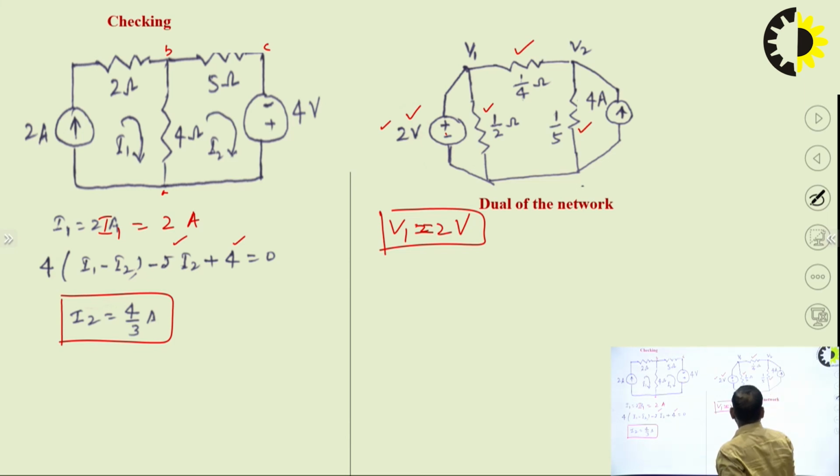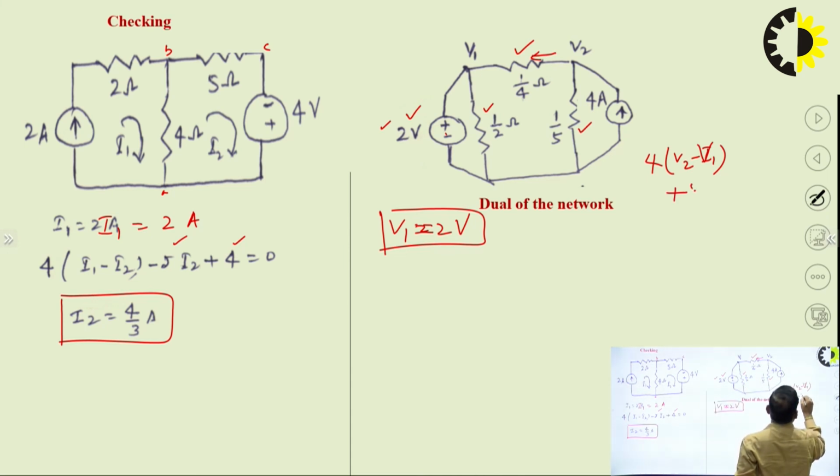Now apply KCL at V2. We can write 4 times (V2 minus V1) going away, plus 5 V2 going away, equal to 4.